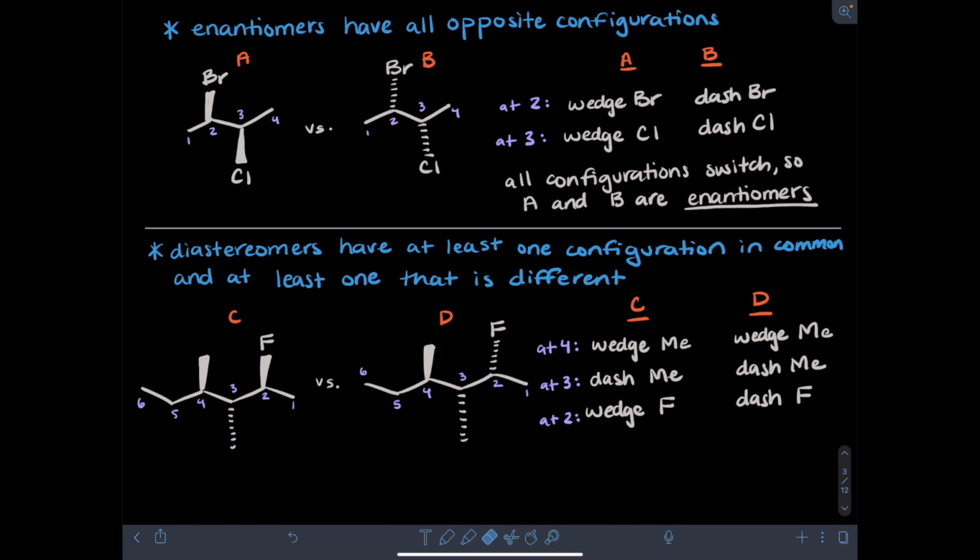So molecule C has a wedged fluorine, whereas molecule D has a dashed fluorine. Notice that at chiral centers, carbons 4 and 3, you have the same configurations, and at carbon 2, you have a difference in configuration. Because you have one configuration that's different here, molecules C and D are diastereomers of each other.